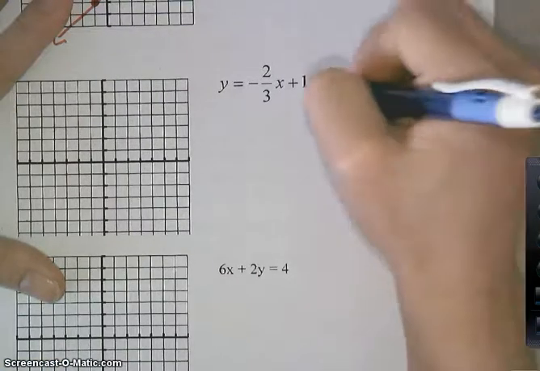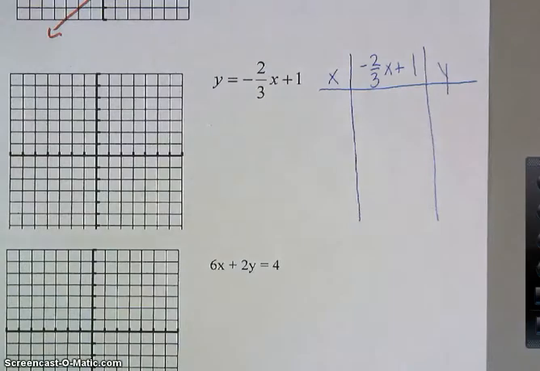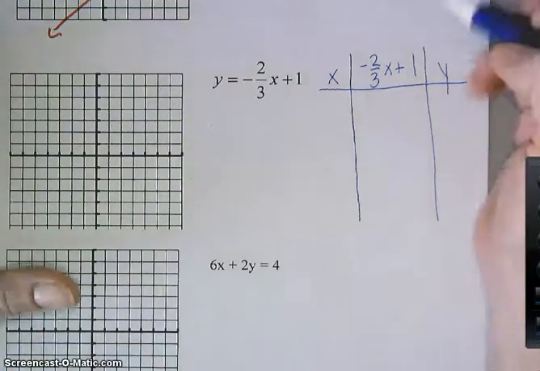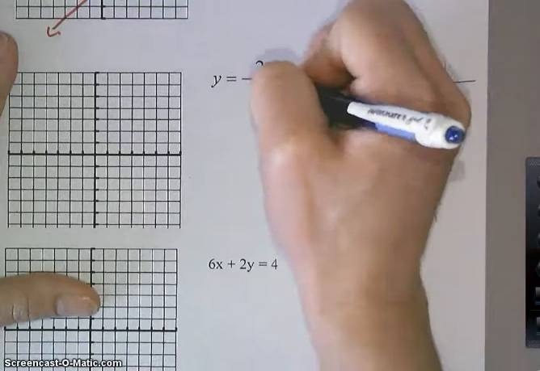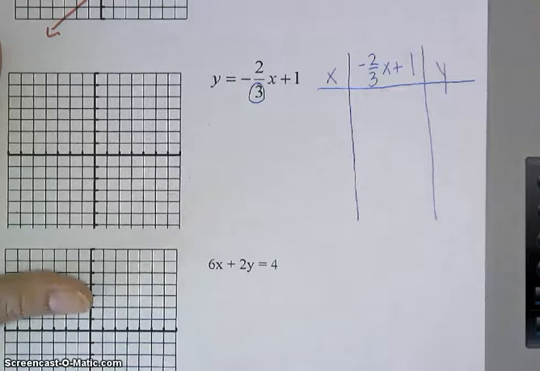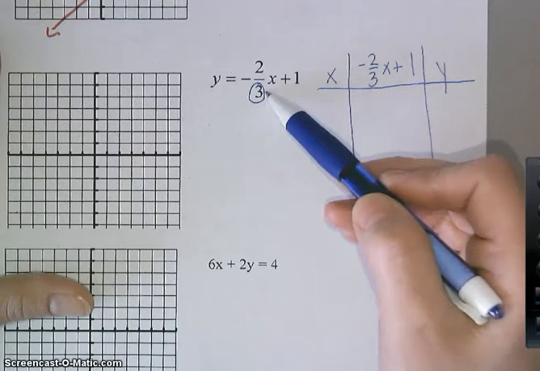So take a moment and pause this and see if you can think of what good values there are for x. Okay, so the best values we have for x are going to be numbers that are divisible by 3, because I can cross cancel and get rid of that denominator of 3.